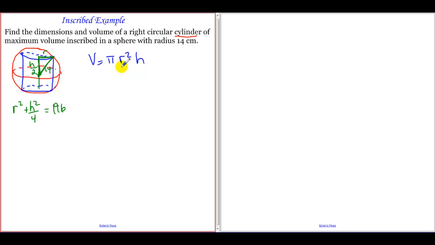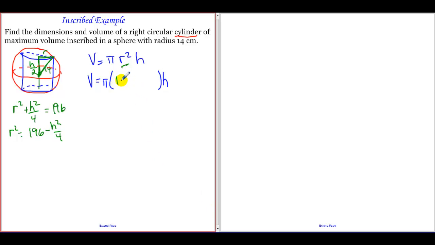So since I have an r squared in this volume equation, I'm going to solve for r squared in this other equation. Okay, so now volume equals pi r squared h.